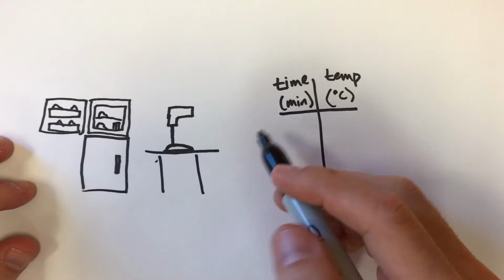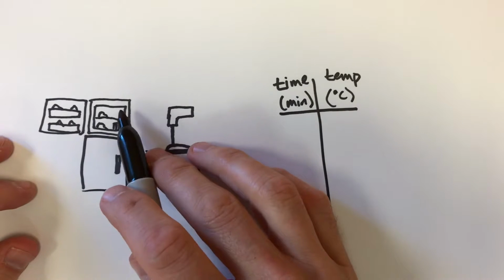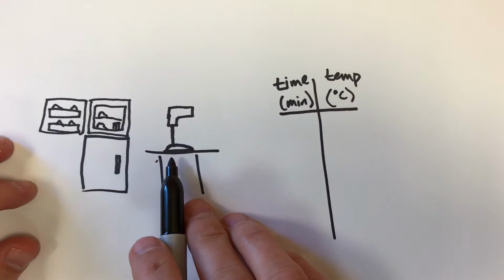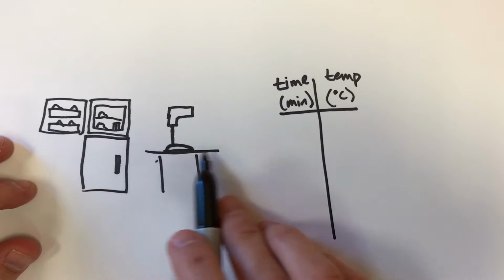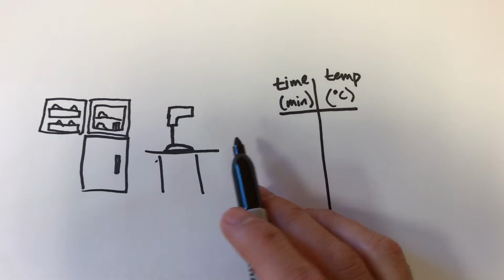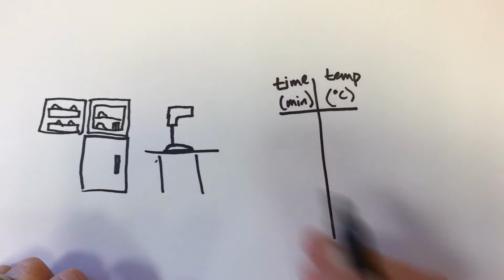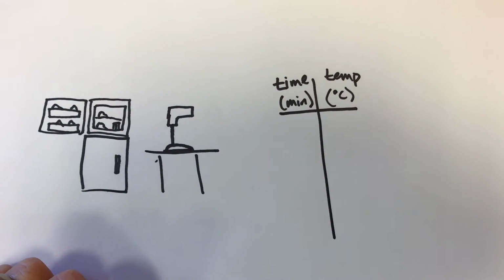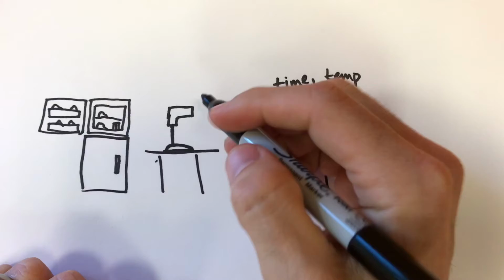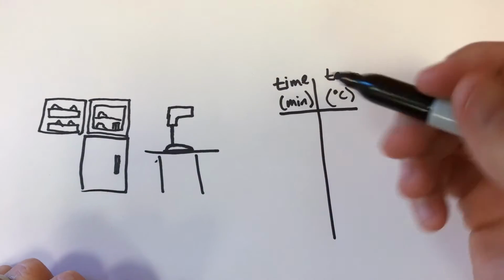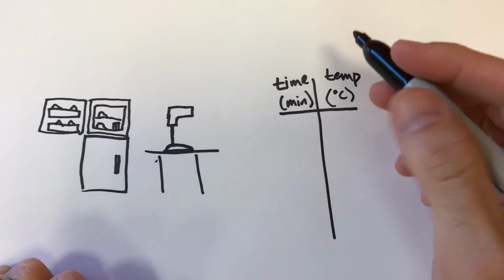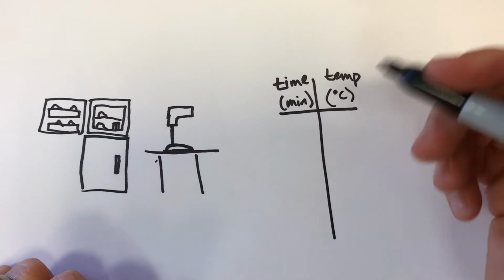Okay, in this case, we've got a freezer, and we've taken some chicken out of that freezer, and we've laid it on this tabletop, on a nice clean napkin so it's nice and sanitary. And we've got a temperature gun here. When we pull it out, it's kind of thawing out.